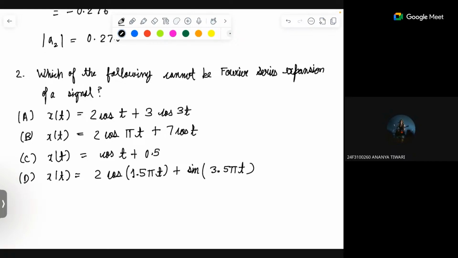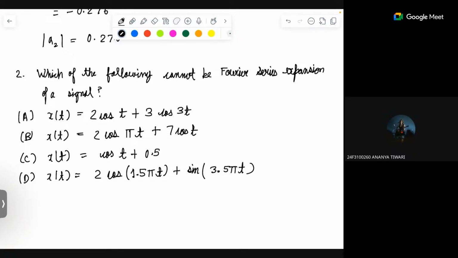So this question which says which of the following cannot be a Fourier series expansion of a signal boils down to which of these signals is not periodic. Ma'am, B. Yes, that's correct.